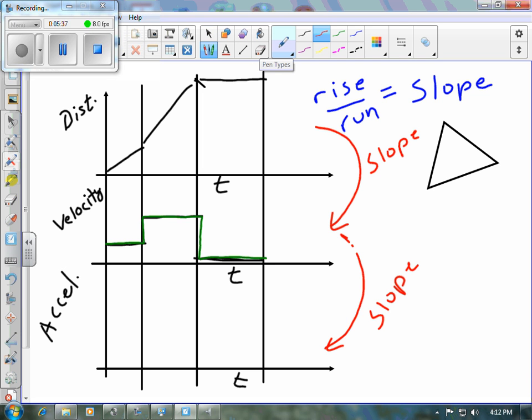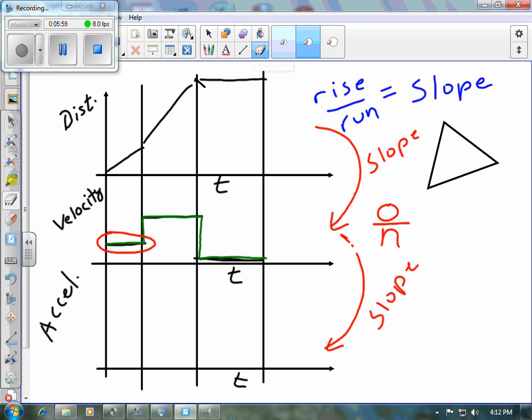So, what is the slope of this portion of our velocity graph? Rise over run. Andre? Right, 0, because it's not going up at all, and it is going over, so it's 0 divided by some number, n. We don't know what it is.